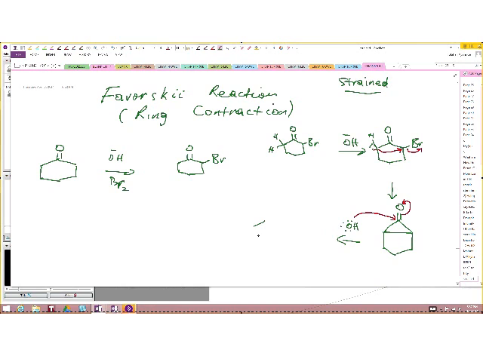And what do we get? This intermediate is very reactive and it wants to regenerate the carbonyl functional group. So what do we have? We have this here. We are going to reform the carbon-oxygen double bond.